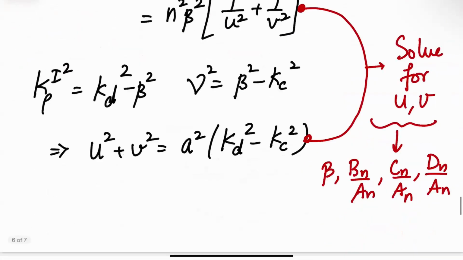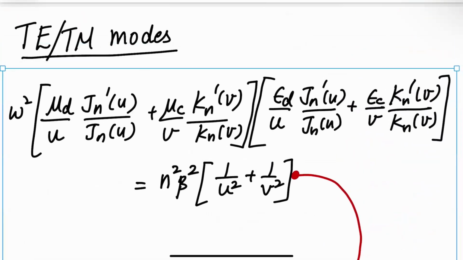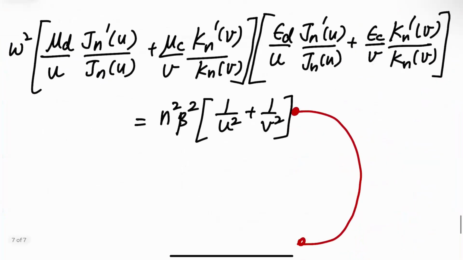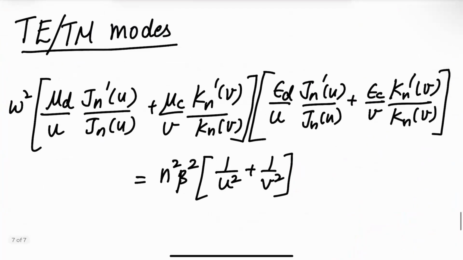Let's go down here and then paste it. So this part. Okay, so TE and TM modes are when n is equal to 0.